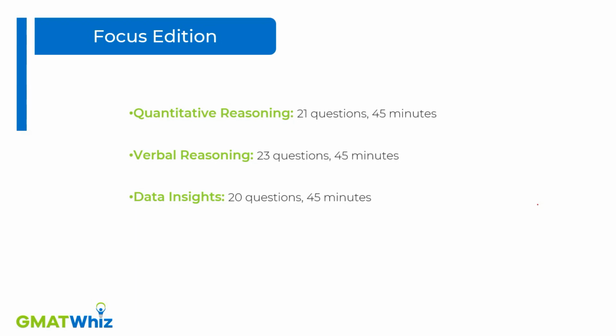And then there's the third part, the data insights part, 20 questions, 45 minutes, so just over 2 minutes per question. This is how the structure of the new GMAT Focus edition looks with respect to the number of questions and the number of minutes you will be given.